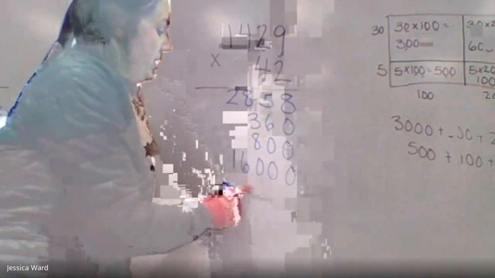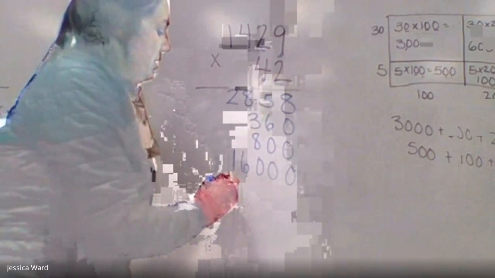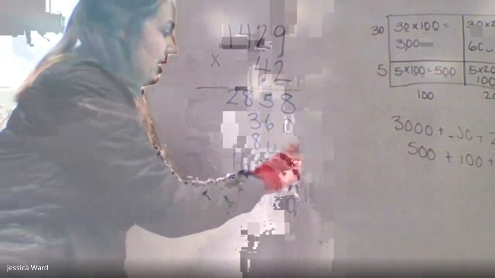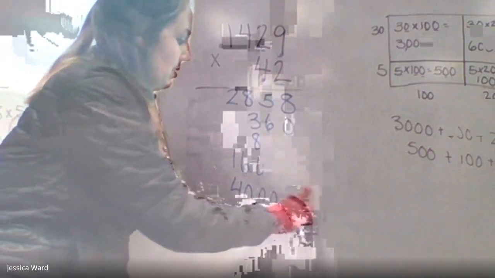Nope. 40 times 1,000 is 40,000. So now, if I were to add these up, I would still have my 0 and my 6, because I'm not adding anything more to those.